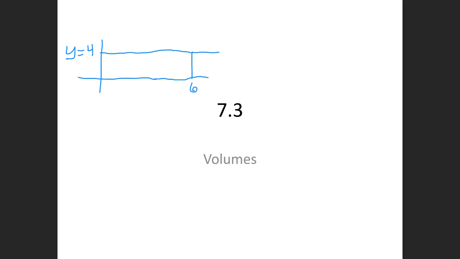So if I took this line and rotated it around the x-axis, what would I get? What figure would that volume be, if it's a solid rotated around the x-axis? Cylinder. That's exactly right. So it would look something like this.